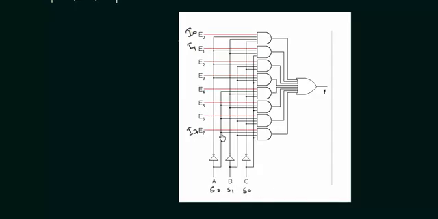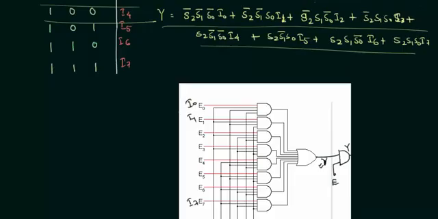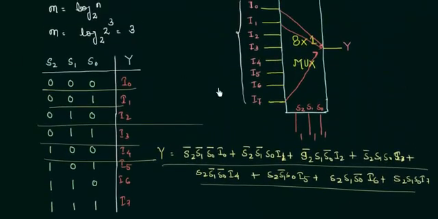I just took these different names because in some textbooks they represent the data inputs by E0, sometimes D0, and the select variables by A, B, C, and this is your Y. If you want enable, then you have to add an AND gate here and enable at this point, and instead of having Y at this point we will have Y as the output of this AND gate, and you will add enable here, where E is your enable.